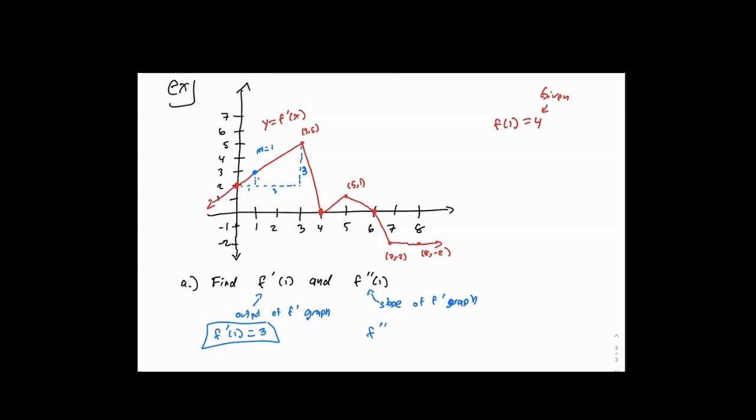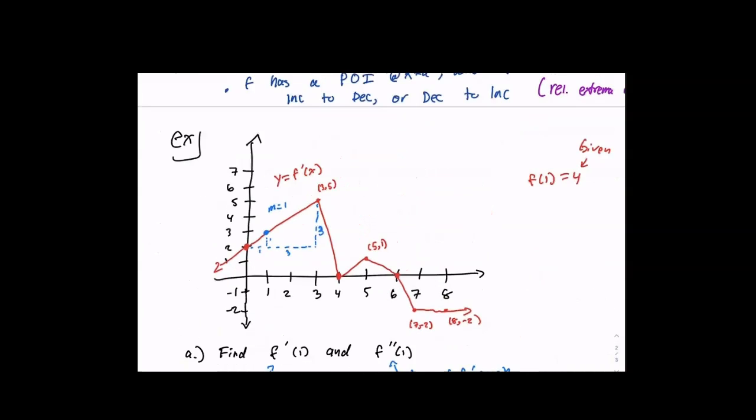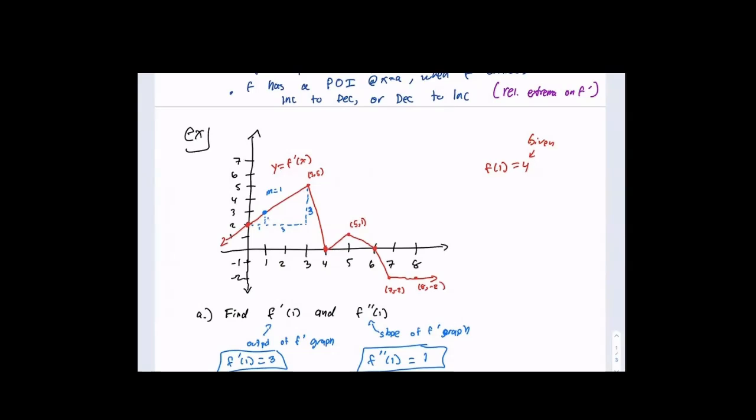So f double prime of 1 is 1, because that's just the slope, and we just found the slope right there. The slope of that section of the graph is 1, and that represents the value of the second derivative.